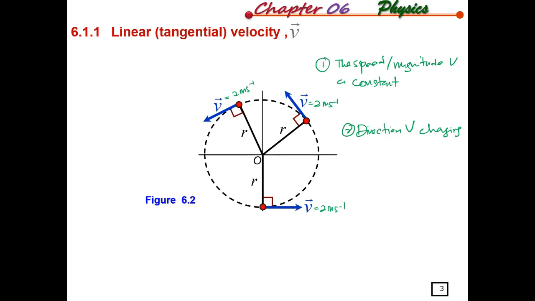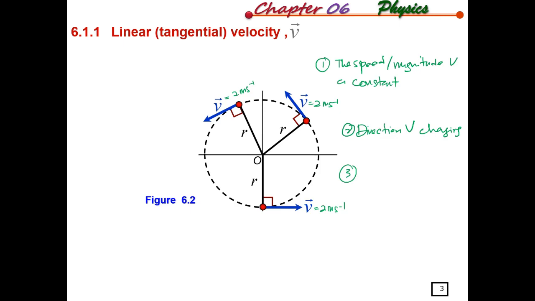As a result, the third point, the main point here: we have learned in chapter 2, kinematics of linear motion, that the rate of change of velocity gives acceleration. Velocity is a vector quantity, meaning that either the magnitude or the direction changes.